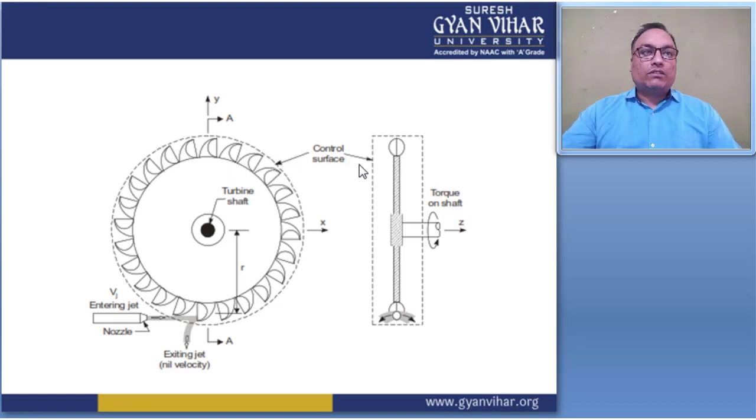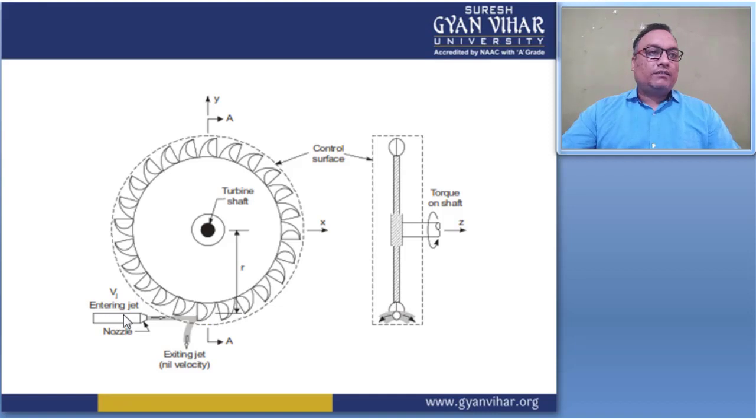This is the control surface, this is the torque on the shaft, and here this is the y axis and this is the x axis, and the radius of this shaft is here. This is the radius, from the center of this shaft, and then the highest diameter of the bucket is here.